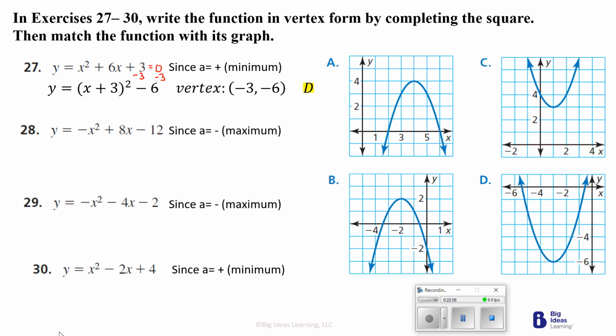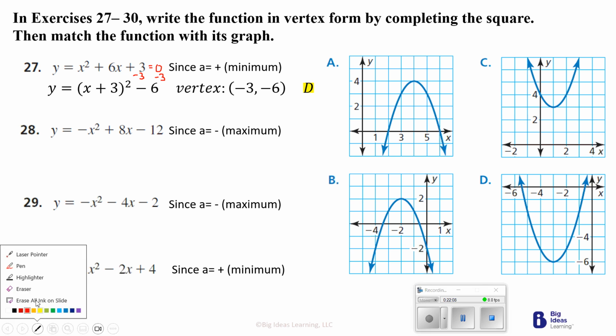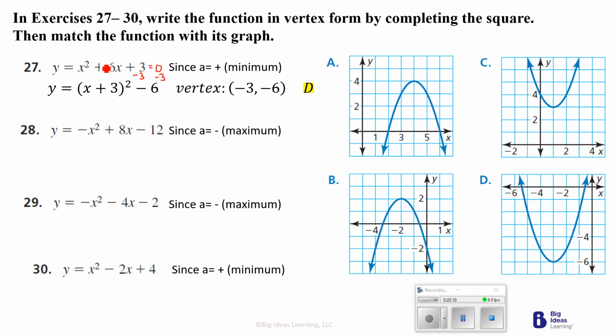You might be saying, where did the negative 6 come from? Remember that when we get that perfect square, this is going to become x squared plus 6x, and then this would have been plus 3 squared, because 6 divided by 2 is 3, and I would have 3 squared here, right?